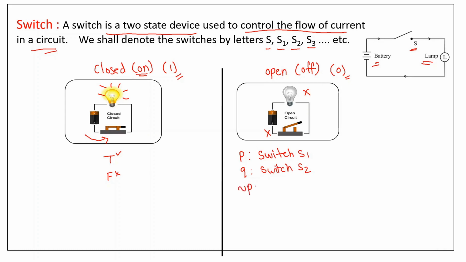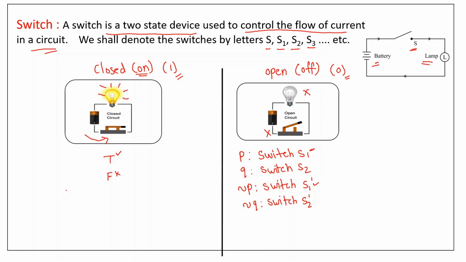What will be negation P? Negation P will be switch S1 dash. Negation Q will be switch S2 dash. So when S1 is closed, S1 dash will be open and vice versa. This is important.